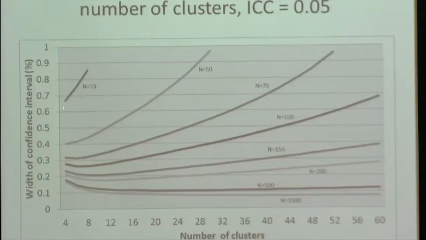You just cannot estimate any sort of accurate ICC on that basis. As the number of individuals in your trial goes up, so the width of your confidence interval gradually decreases, but even when you get down here to 200 individuals in your study, the width of the confidence interval is still about 0.2, and that means that you're really not terribly certain what value your ICC is going to take, and so there's a lot of uncertainty around what you put into your sample size calculation.